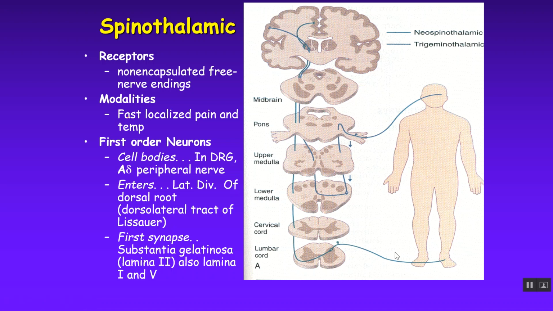Okay, that's an A delta fiber. It enters the lateral division of the dorsal root. So now pain and temperature comes in that dorsal root a little more laterally, versus all the proprioceptive stuff which came in more medially. It comes in more laterally because it's going to go and make an immediate connection in the dorsal horn. So the cell body for the first order neuron is the dorsal root ganglion.